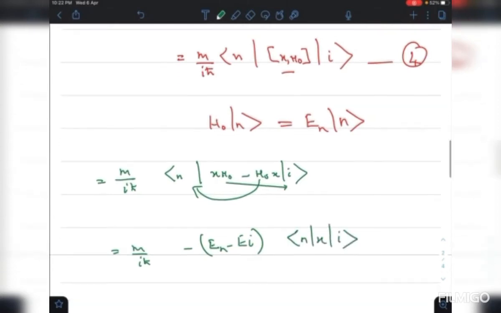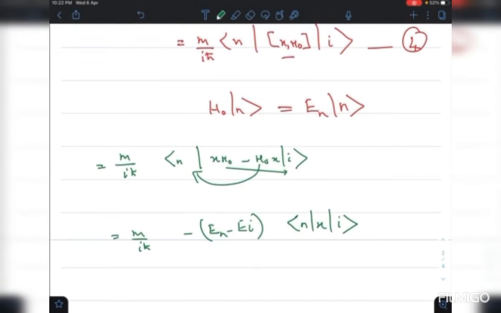Okay. Now this can be absorbed here. So we have, in terms of omega, you can write h cross omega ni. So I put this i on top, minus 1 by i means it is i. So it is i m omega ni n x i. So this is my equation 5.